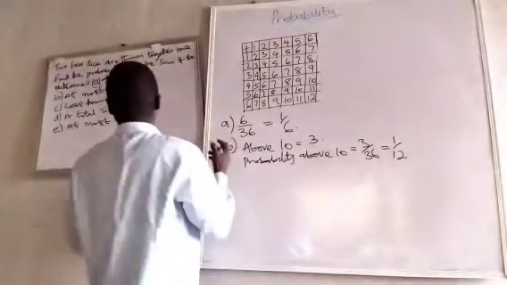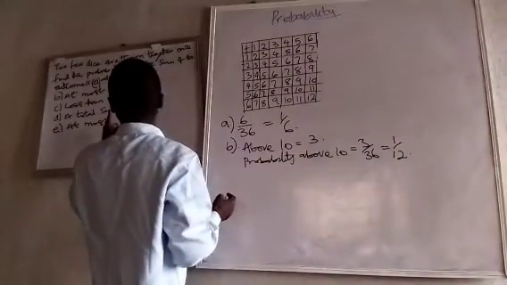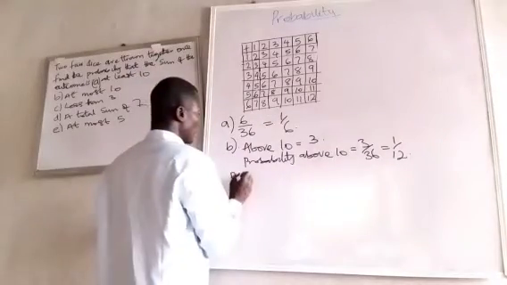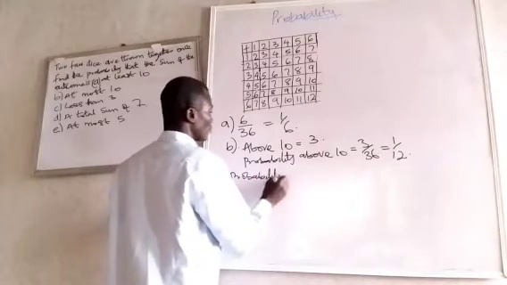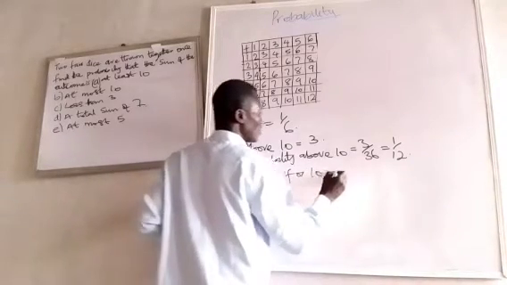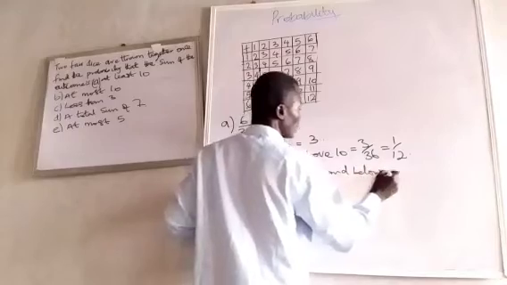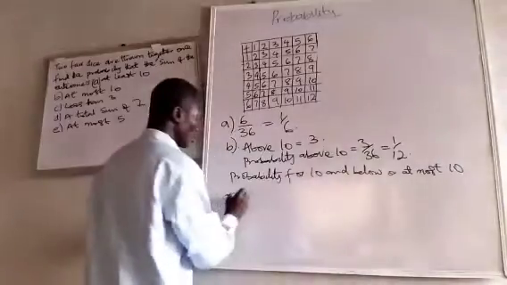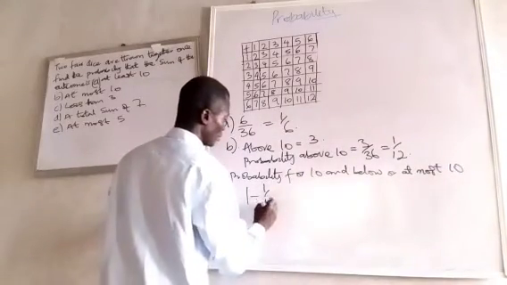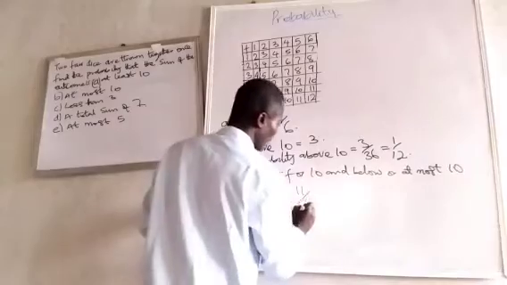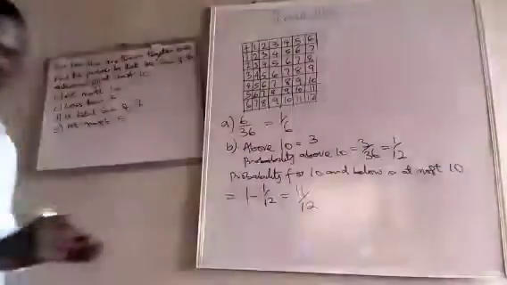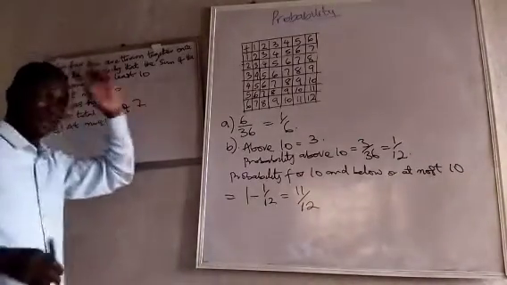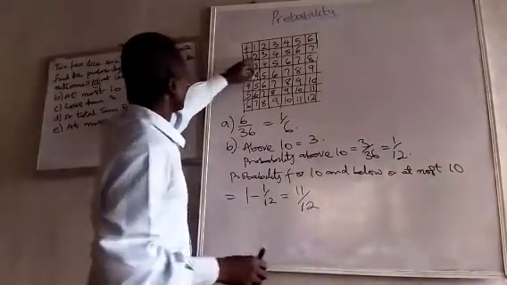Then for 10 and below, or at most 10, the probability is equal to 1 minus 1 over 12, which is 11 over 12. Now, for less than 3, this is the only one.